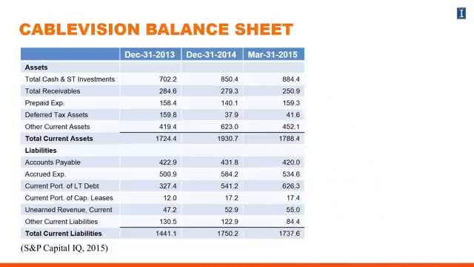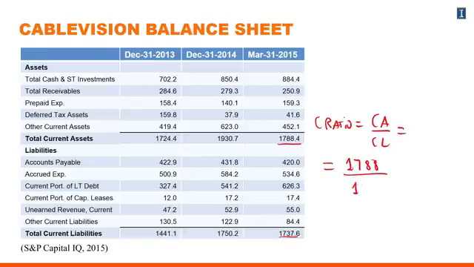Let's think about how we would compute the current ratio. That should be really very simple. You have the most recent data on the company's total current assets, and the most recent data on the company's current liabilities. So the current ratio is simply current assets divided by current liabilities, which is 788 divided by 1737.